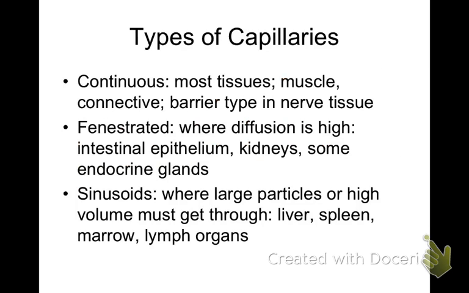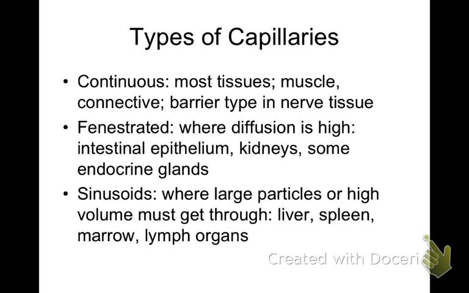Single file. So our continuous capillaries are found in most run-of-the-mill body tissues, muscles, connective tissue, and of course that tight continuous type is found in nerve tissue and thymus and testis.